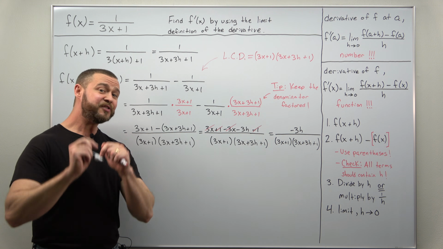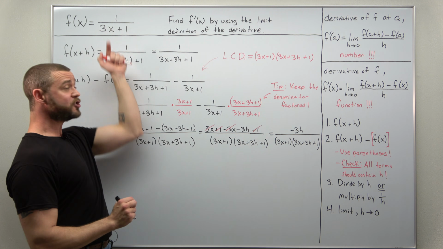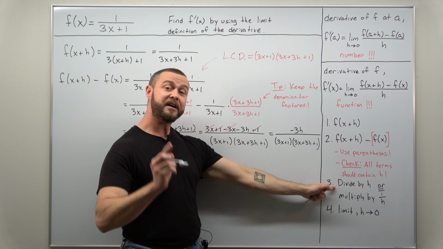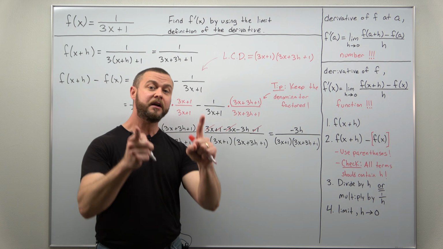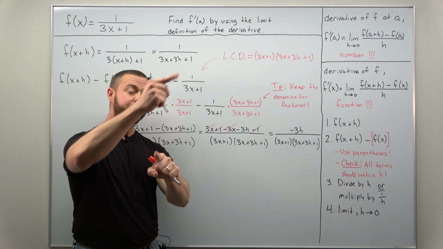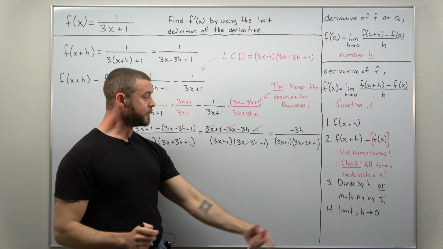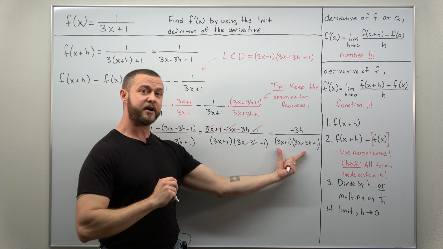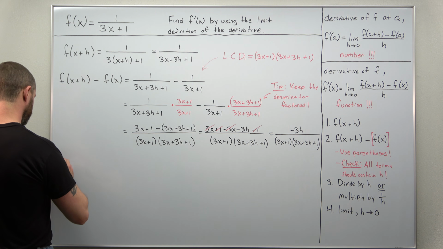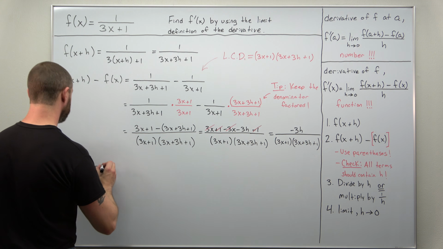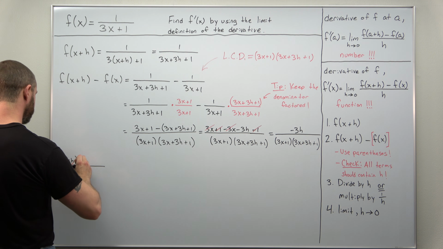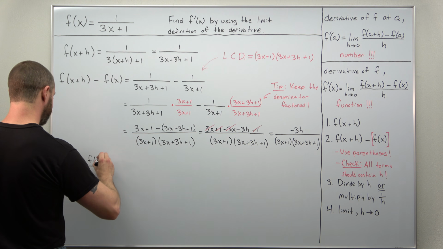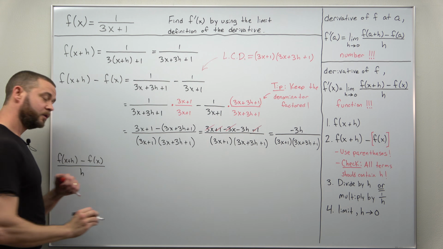You already can anticipate what we're going to do because our function is a fraction. Instead of dividing by h, which would give us fractions within fractions, let's equivalently multiply by the reciprocal, we're going to multiply this by 1 over h. All right, so we're going to write this down as f of x plus h minus f of x, over h.